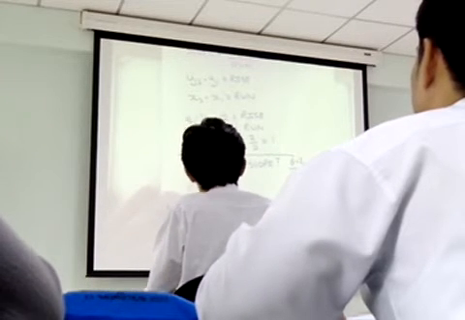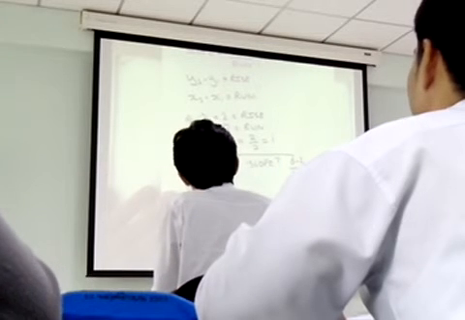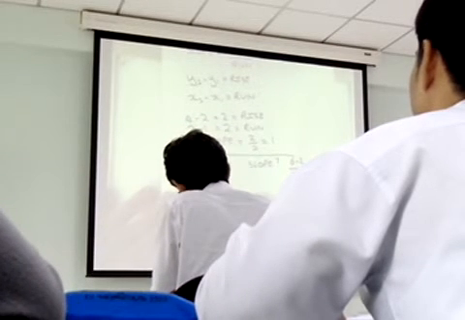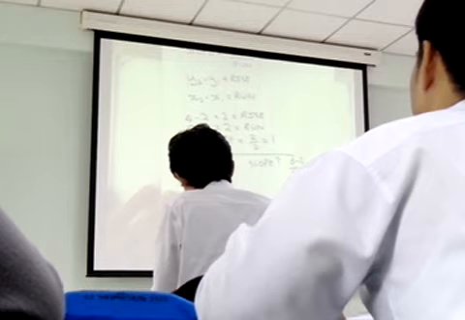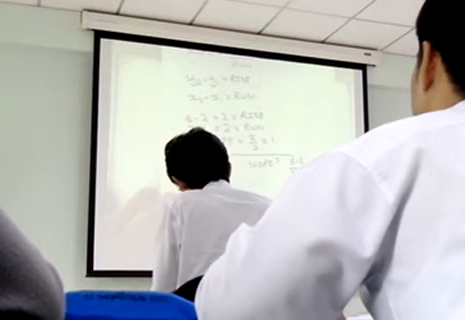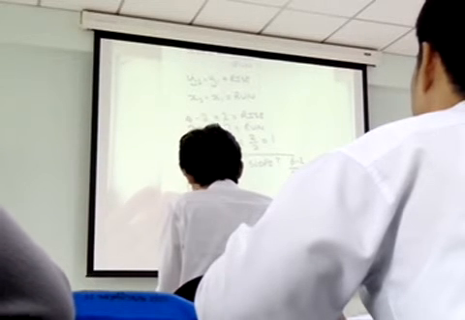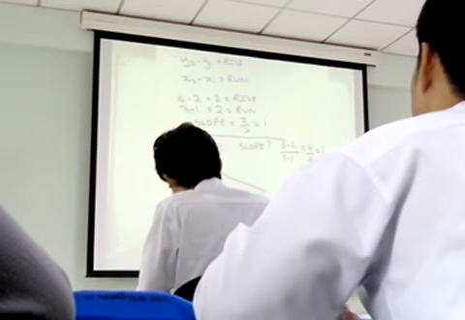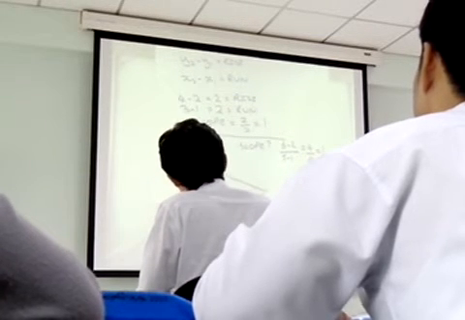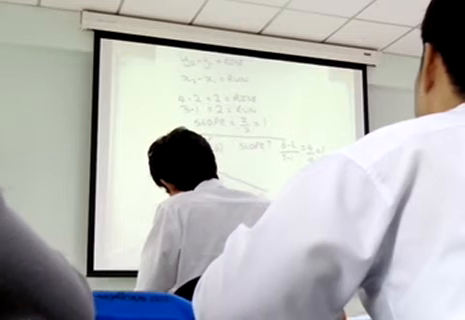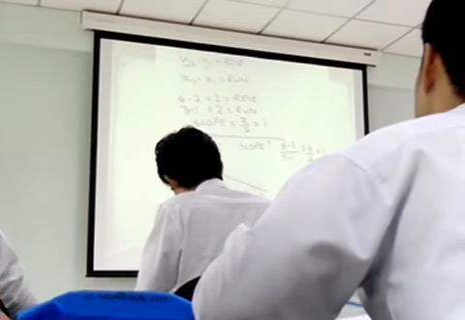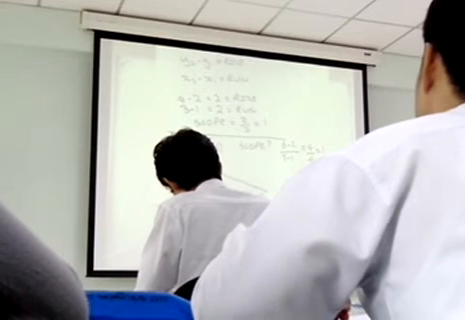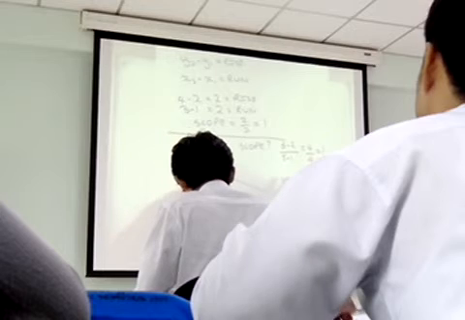What about one more? What about in that case? 1, 2 is 1 point, and 3 and negative 4 is another point. So what's the slope?